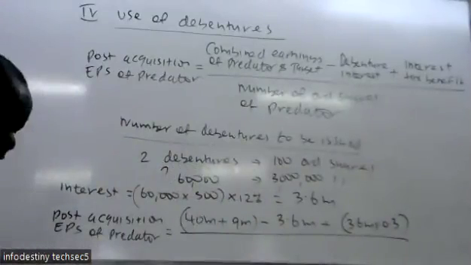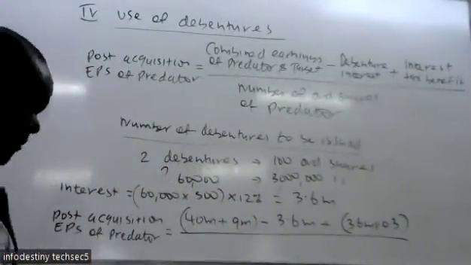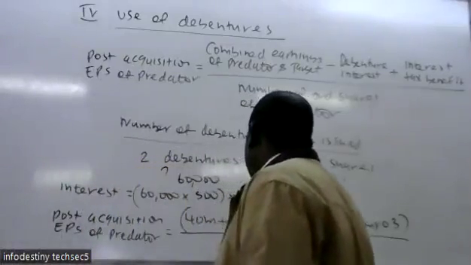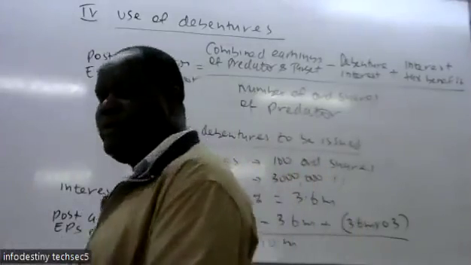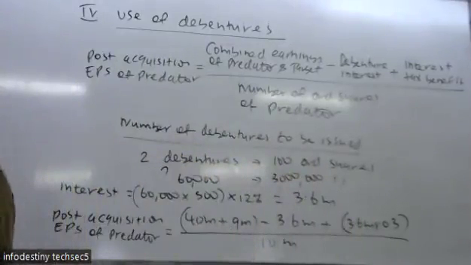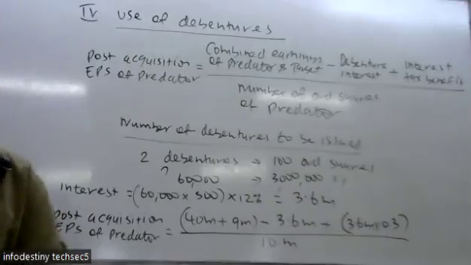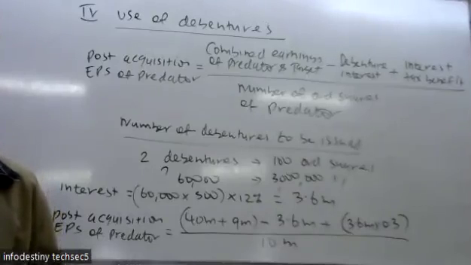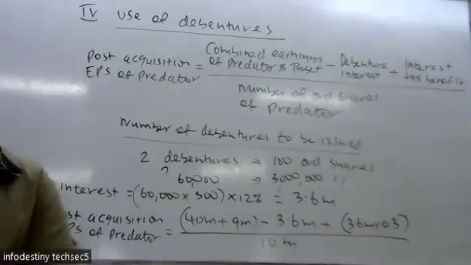The number of ordinary shares of the predator, A Limited. They gave us how many ordinary shares? They are meant to be 10 million ordinary shares.